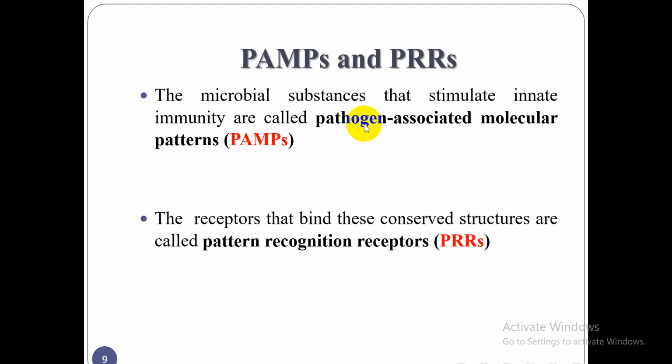So the PAMPs belong to microbes, but the receptors that bind these PAMPs are called pattern recognition receptors. So pattern recognition receptors belong to innate immunity, but PAMPs belong to microbial structures.